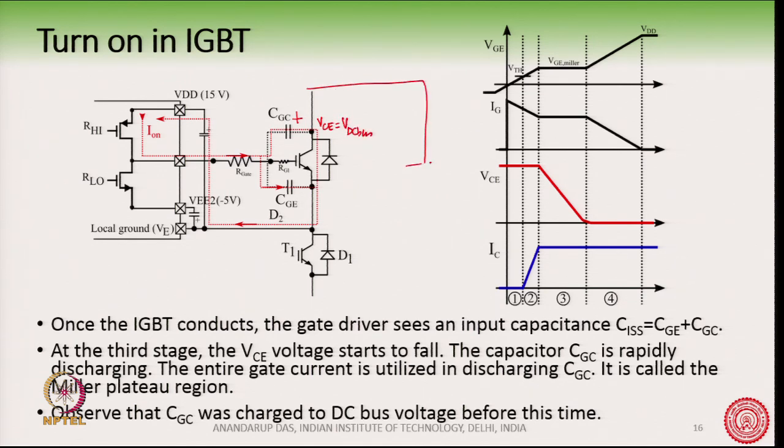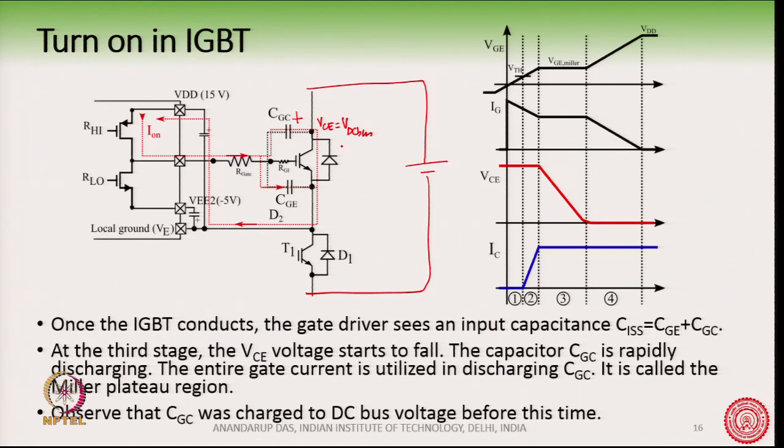If this is the DC bus voltage, this point's potential was equal to the DC bus voltage, whereas this point's potential was around 8, 9, 10 volts. If the DC bus is say 600 volts, then this point's potential is 600 volts.